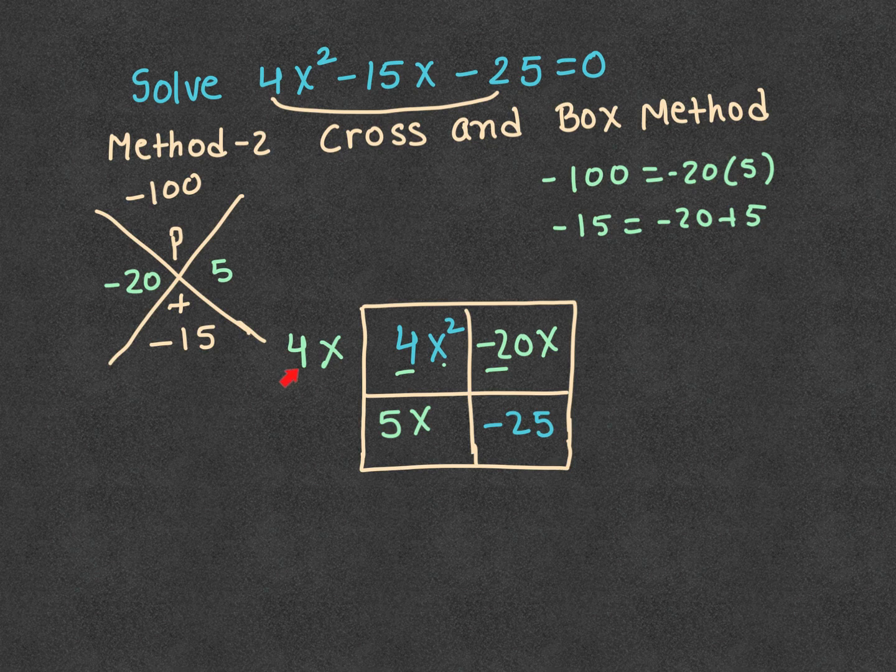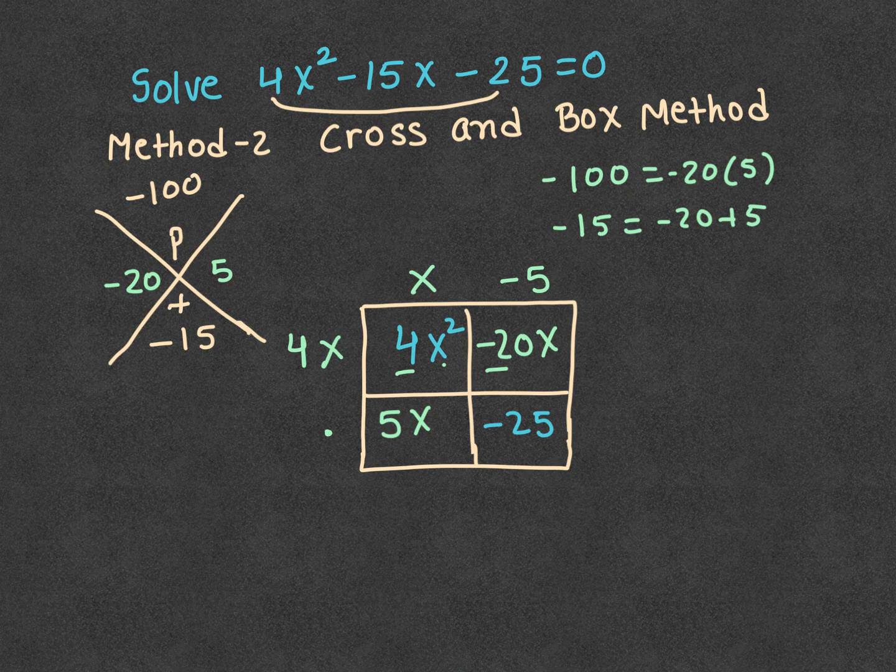Once you get this, when you multiply these two, you should get 4x squared. So this number should be x. And when you multiply these two numbers, it should get you negative 20x. So this number should be negative 5.